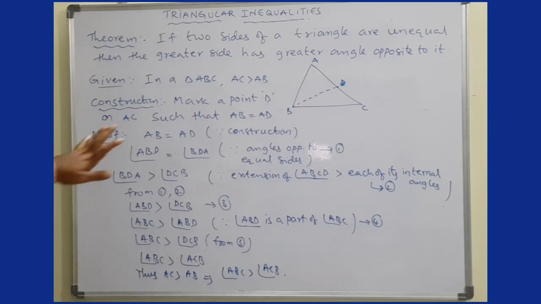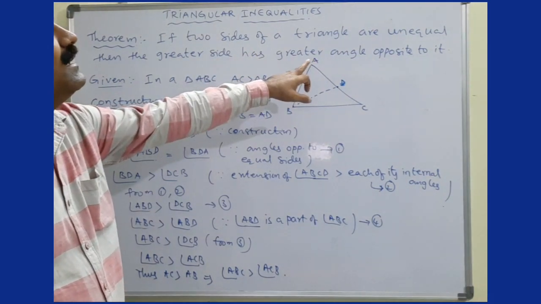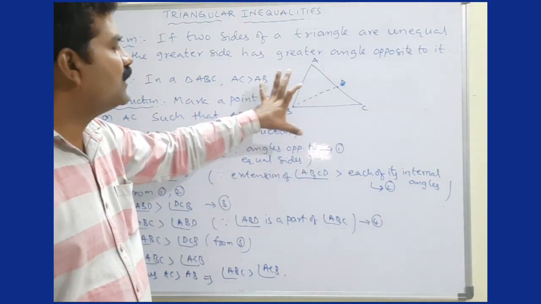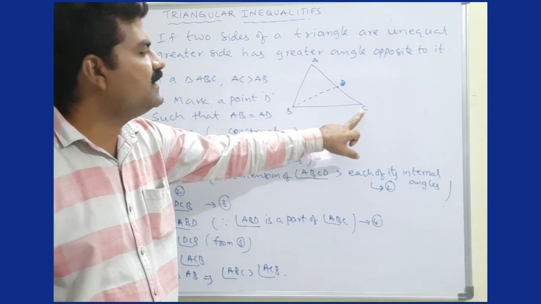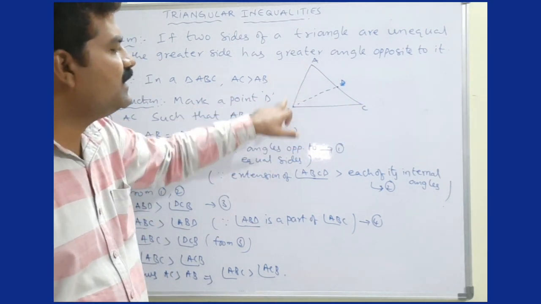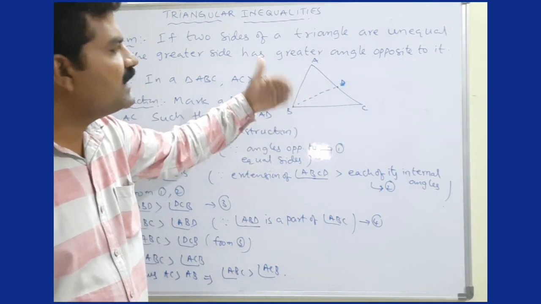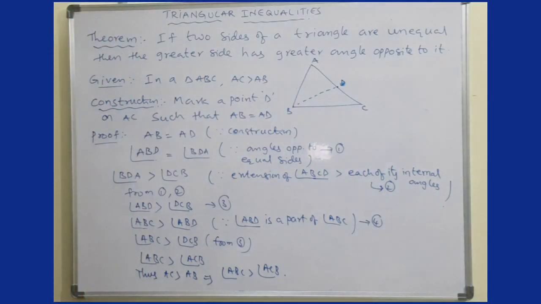The statement is: greater side has greater angle opposite to it. So according to our diagram and construction, AC is the greatest side and its opposite angle is angle B, that is angle ABC. So we need to prove that angle ABC is greater than all other interior angles. Very simple.